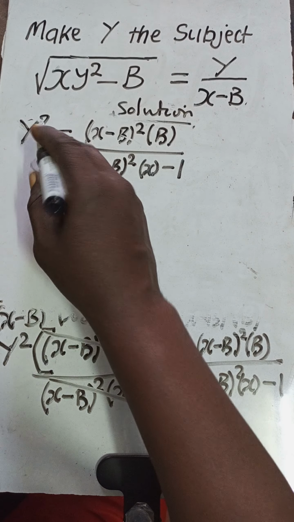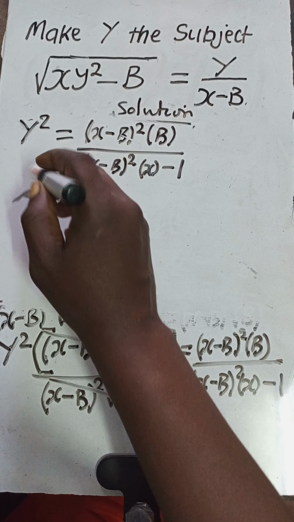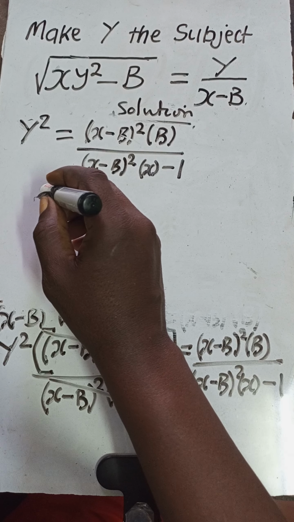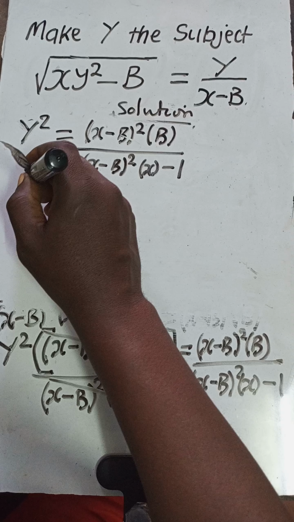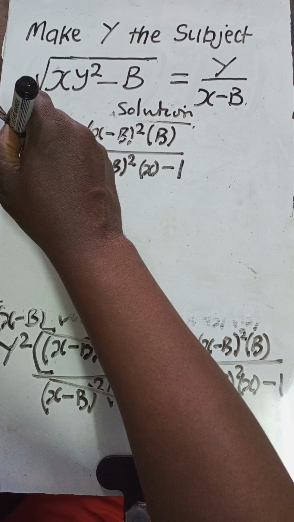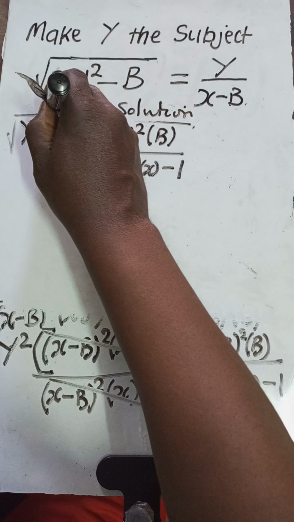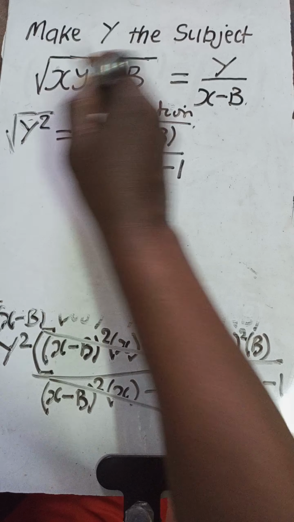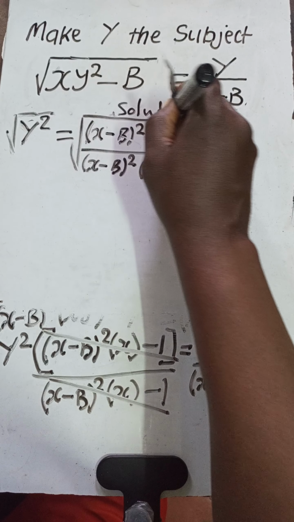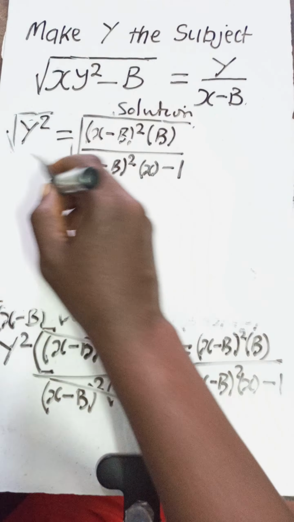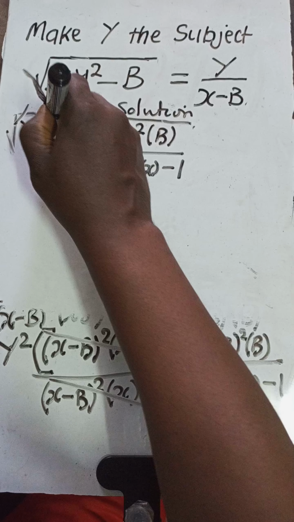The last thing you do is to remove the power 2. The opposite operation of square is square root. So we take the square root of both sides. The square root cancels the square.